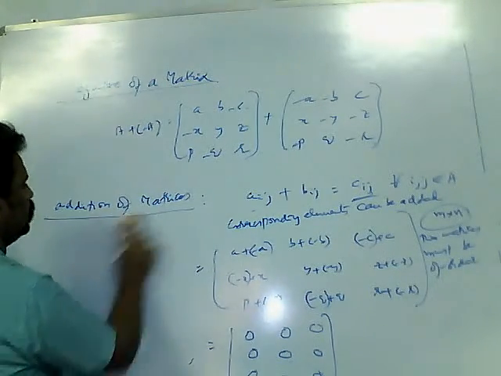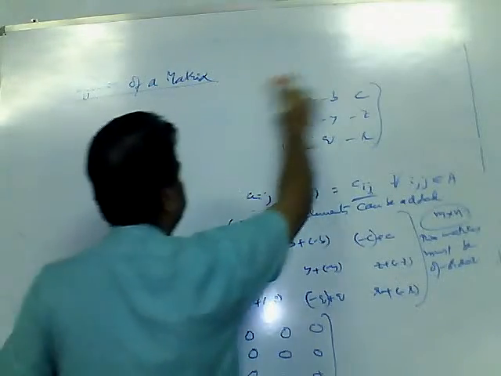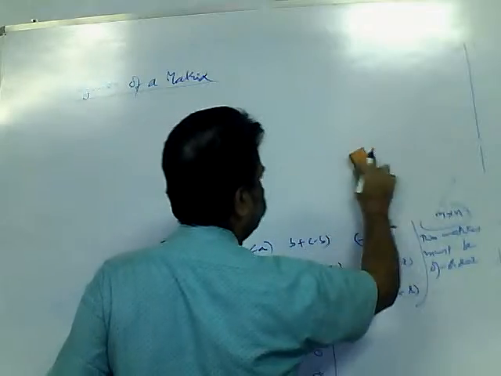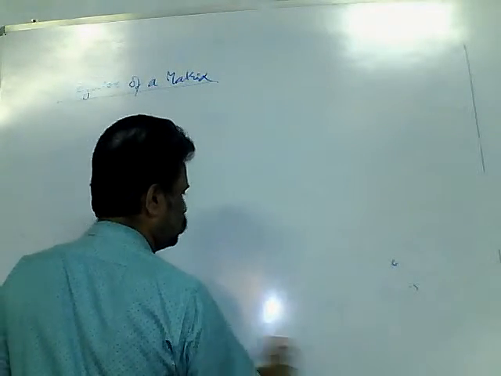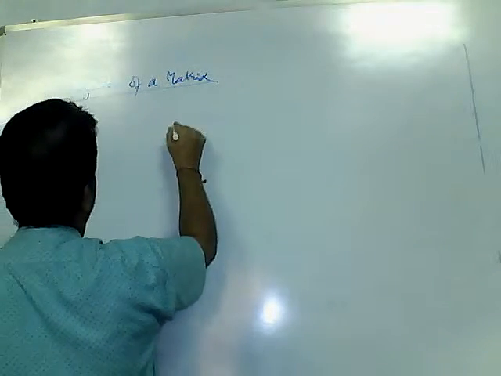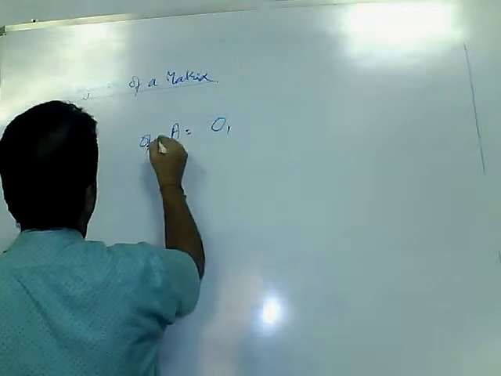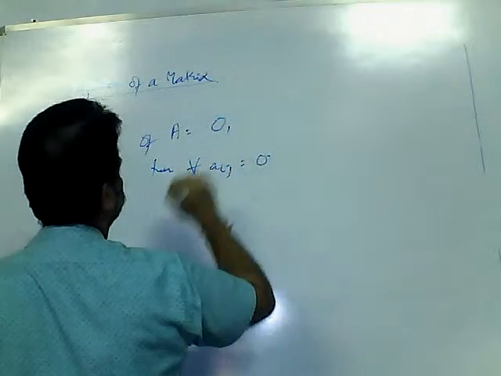So how can I indicate in a general form a zero matrix? We have seen the negative of a matrix is nothing but the negative inverse, and the negative inverse is formed automatically for a given matrix. Their sum should always be the zero matrix. So you can tell here, if A is equal to 0, then for all Aij is equal to 0.